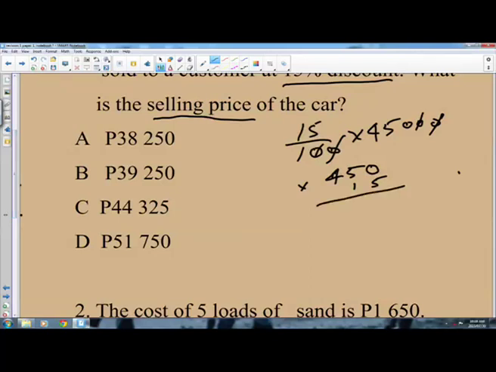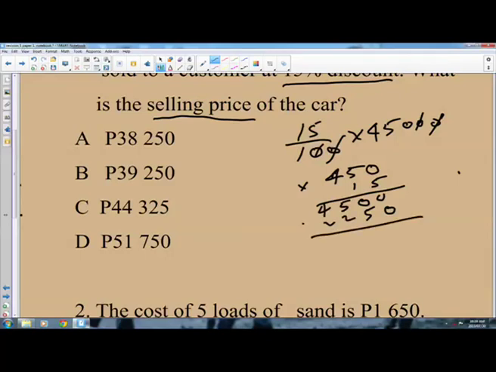This will be 0 here, and then 1 times 0 is 0, 1 times 5 is 5, and then 1 times 4 is 4. And then what if we multiply by the 5 here? 5 times 0 is 0, and then 5 times 5 is 25, carry 2. 5 times 4 is 20, then 20 plus 2 is 22.